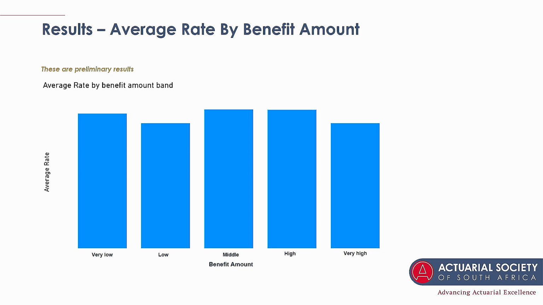What's interesting is that the very low termination rate is higher than your low termination rates, and I thought that was interesting because you would expect those people to work in a manual capacity, where it is a bit harder to get back to your job. Whereas with the low, it might be easier to get back to your job. So that's the interesting part.